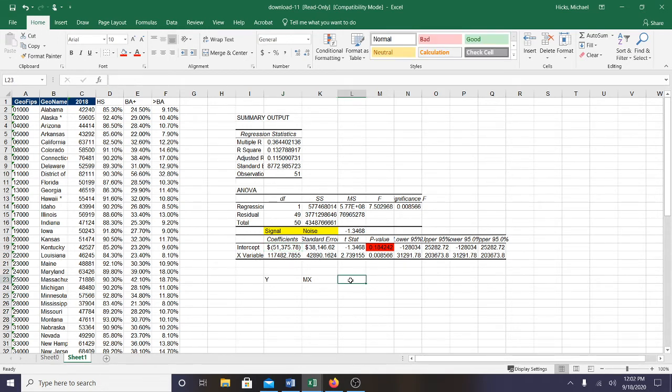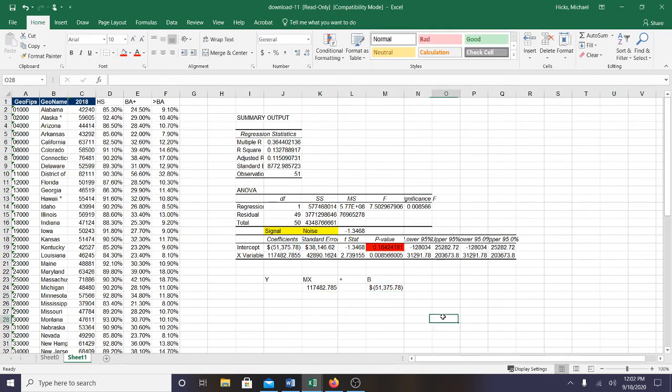And this is plus b, and so mx is going to be that, right, times x, and b is going to be the intercept, right? And so this equation here gives us a slope of a regression line.